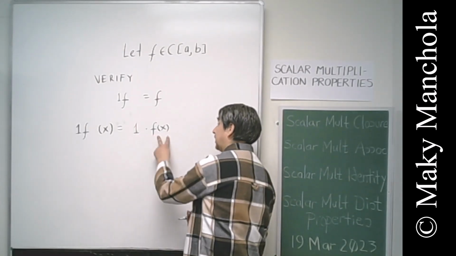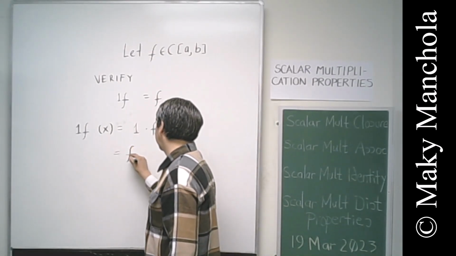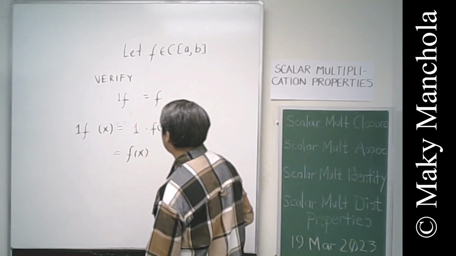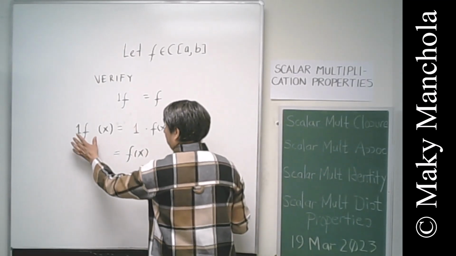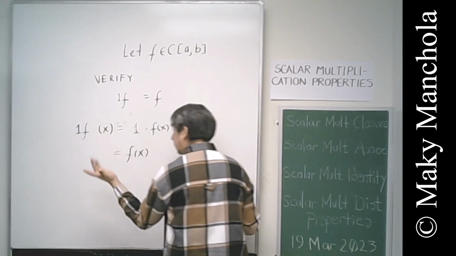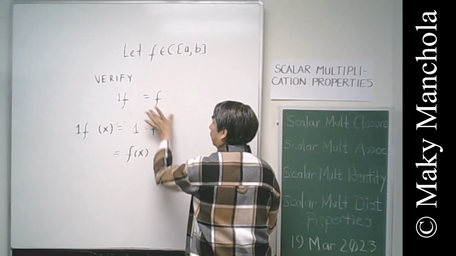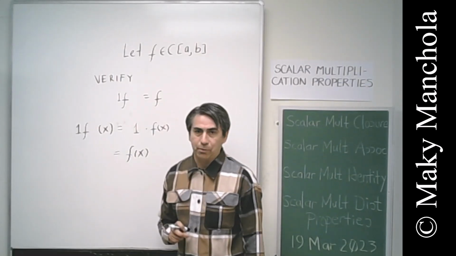So 1 times any real number is that real number. So we end up with f of x. So confirmed. The function 1f evaluated at x is the same as the function f evaluated at x. In other words, those two functions are equal to each other.